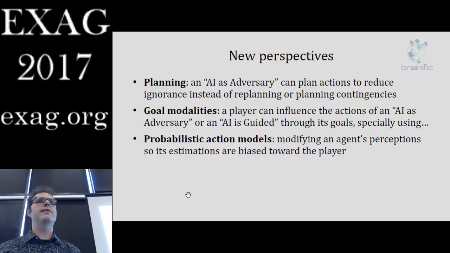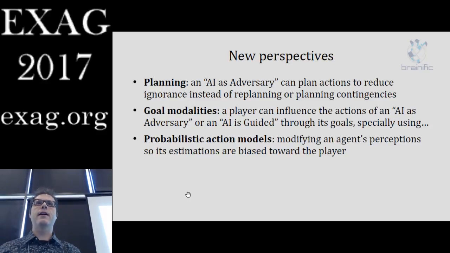For example, the agent knows that it lacks some piece of information, so it plans an action that will allow it to definitely know that piece of information, instead of resorting to replanning or planning for contingencies in the plan it's building.